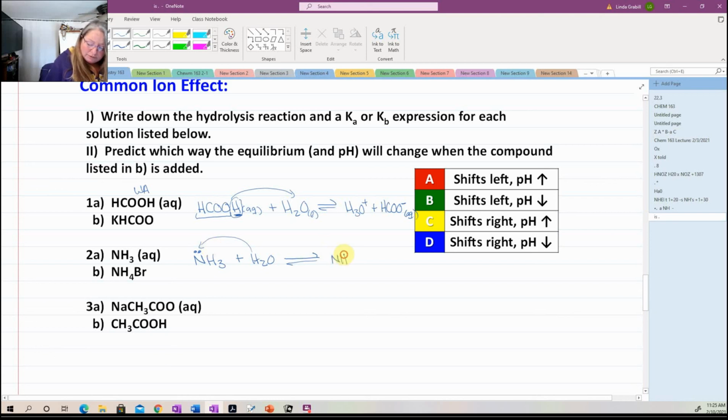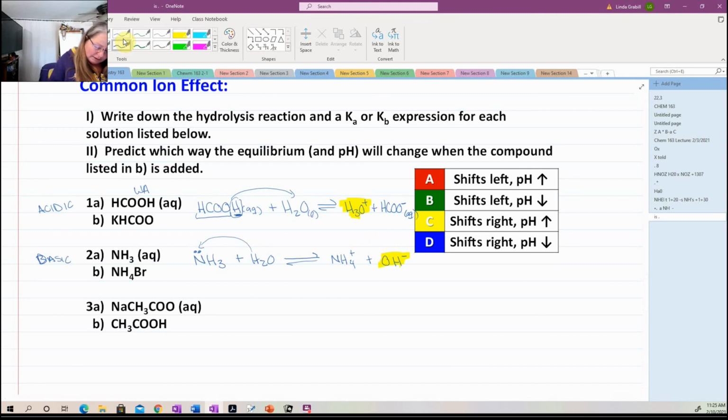So I get my NH4+. I've taken a hydrogen away from the water, so I have OH-. So I've made a basic solution here. That's a B, not a D. I have an acidic solution here. I generated H3O+. Highlight that. And on this one, I've generated hydroxide.